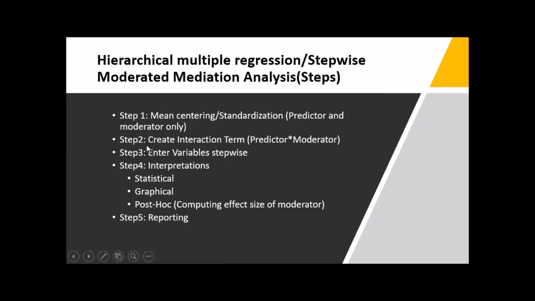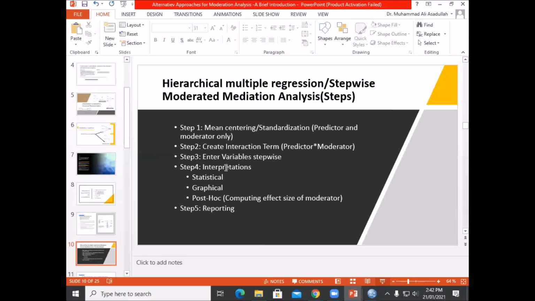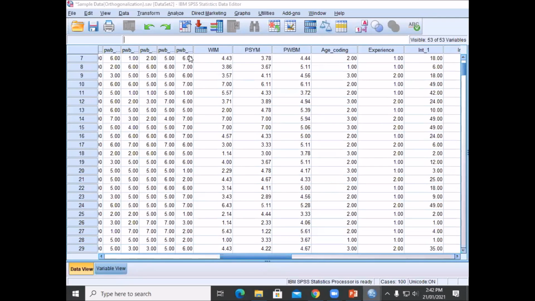The second step is to create an interaction term. This interaction term is created by multiplying the mean centered values of the predictor and the moderator variable. Then in step 3 we enter these terms in SPSS one by one. Here there is a simple demonstration.